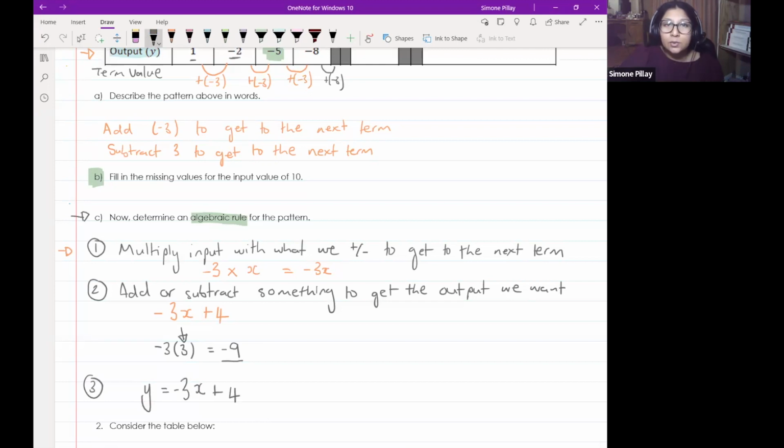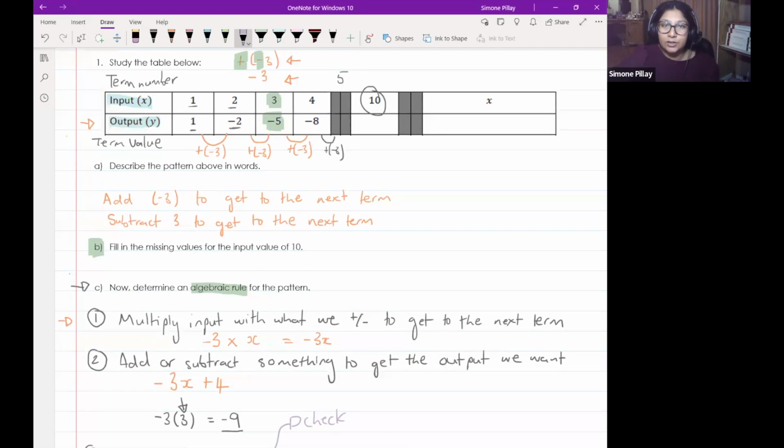And now, once we've got this rule, we can't just take it as it is. We are doing number patterns right now, so that is the topic that we are on. So we have -3x plus 4. I can't just take my rule and say, yep, I did it 100%. No, I have to check. So let's test it out with this.